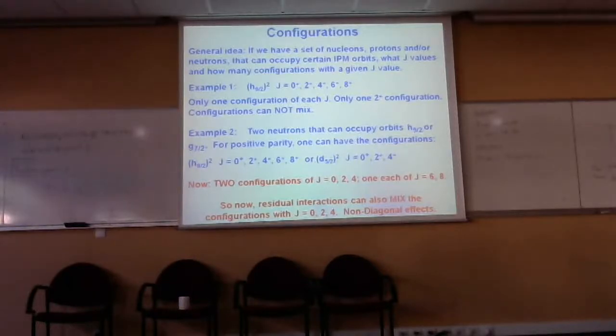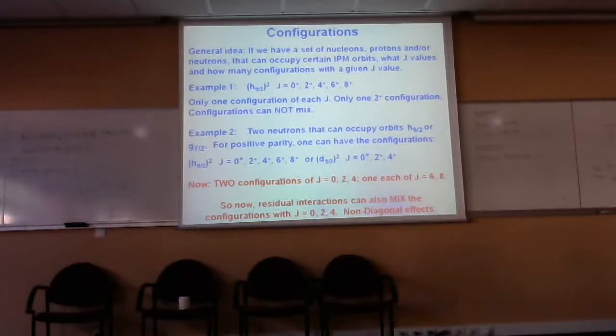So for positive parity, we can have 2 configurations. We can have h9/2 squared, in which case we get J equals 0, 2, 4, 6, 8. Or we could have d5/2 squared, where we get 0, 2, 4. Now you'll notice there are 2 ways of making a 0 plus state, 2 ways of making a 2 plus state, 2 ways of making a 4 plus state, and 1 each for 6 and 8.